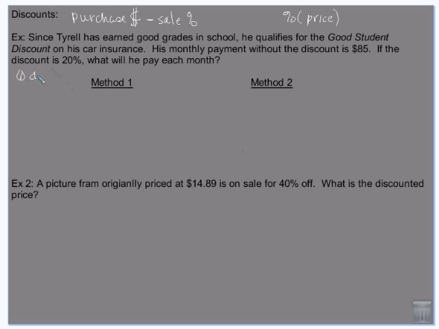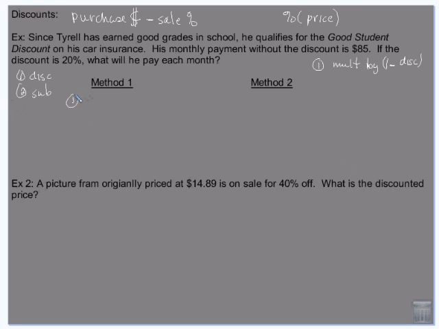First, find the discount and then subtract. Or we can do it in 1 step where we multiply by 1 minus the discount percent. So with tax it's 1 plus, with the discount it's 1 minus. So just a matter of preference again.